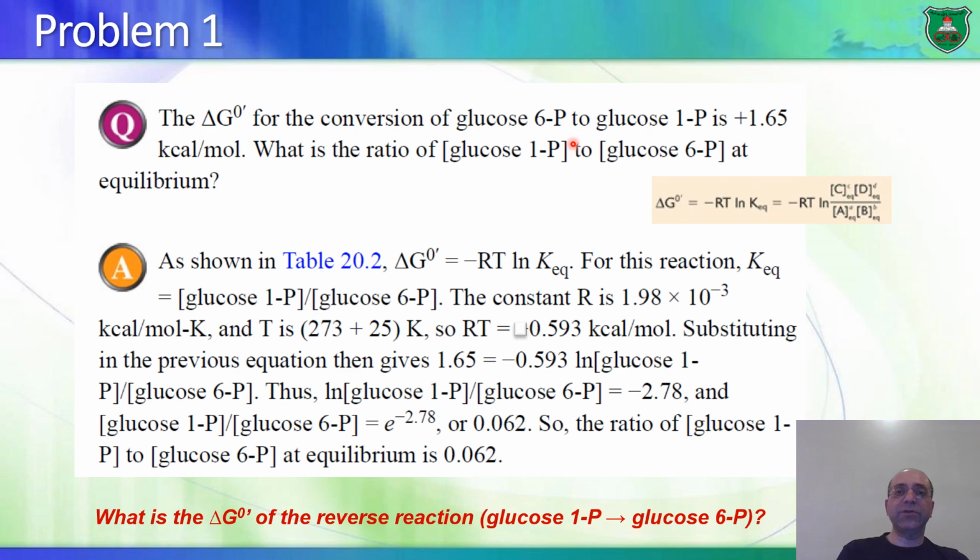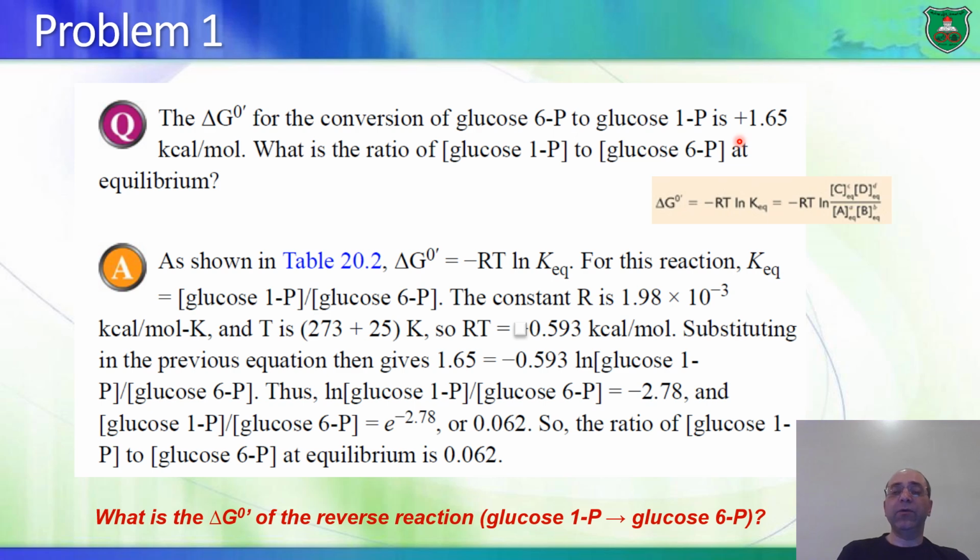Okay, so we know that the delta G naught prime for glucose 6-phosphate converted to glucose 1-phosphate is plus 1.65. So my question for you is, what is the delta G naught prime for the reverse reaction? That is glucose 1-phosphate to glucose 6-phosphate. And the answer is, it's going to be minus 1.65.